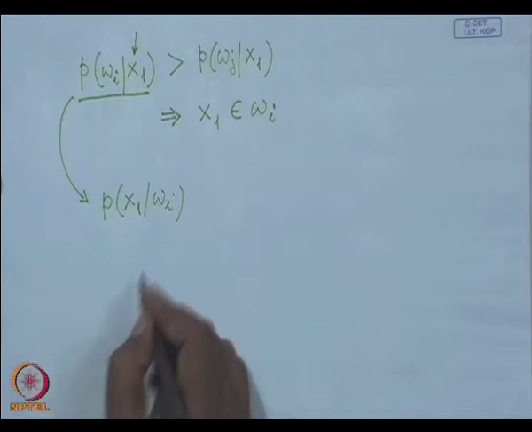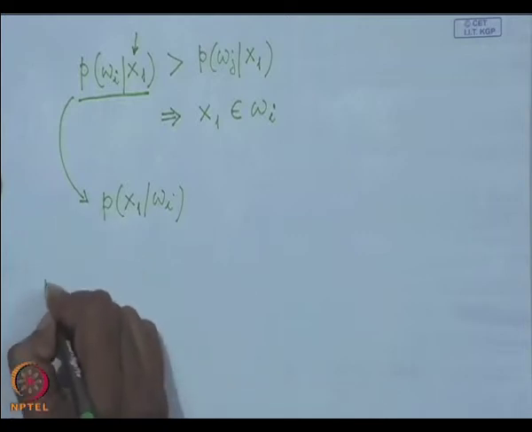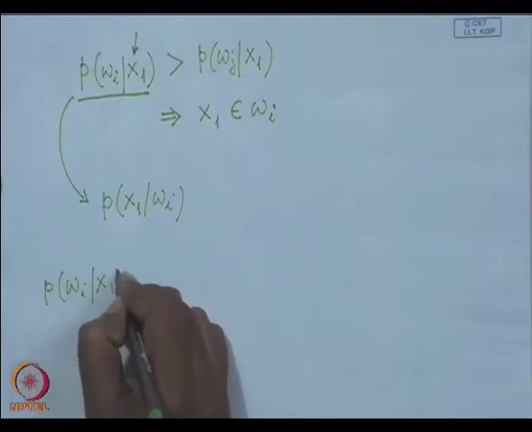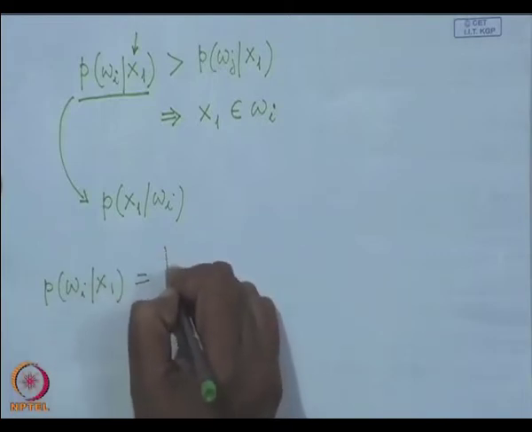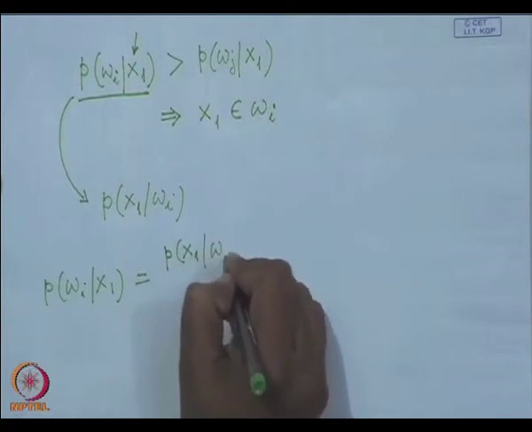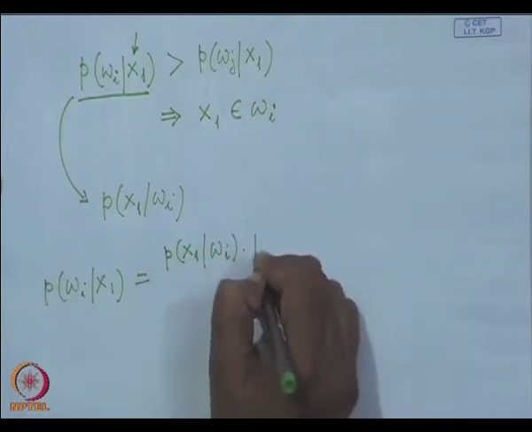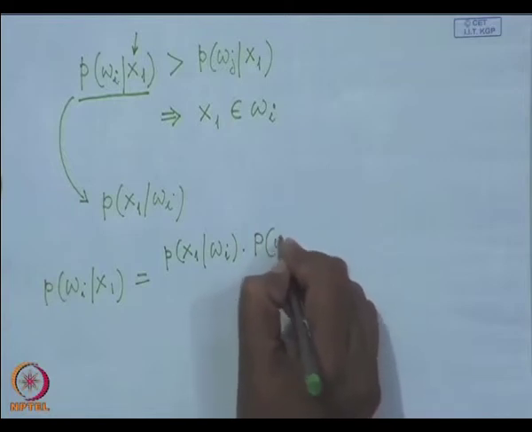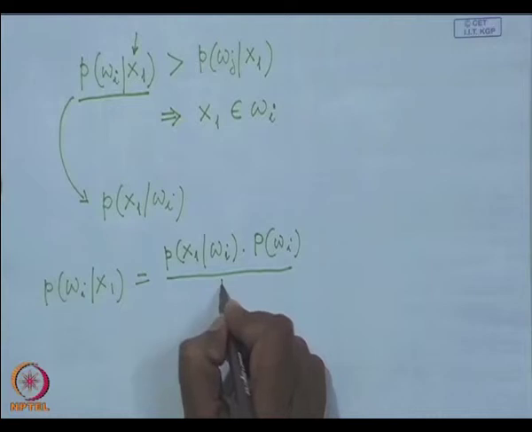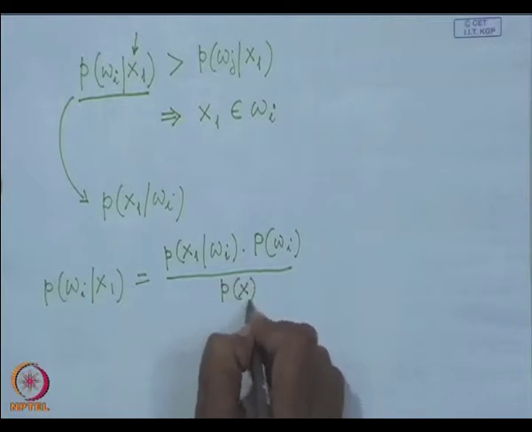Because as we said earlier, P of omega I given x 1 is nothing but P of x 1 given omega I into the a priori probability P of omega I upon P of x.